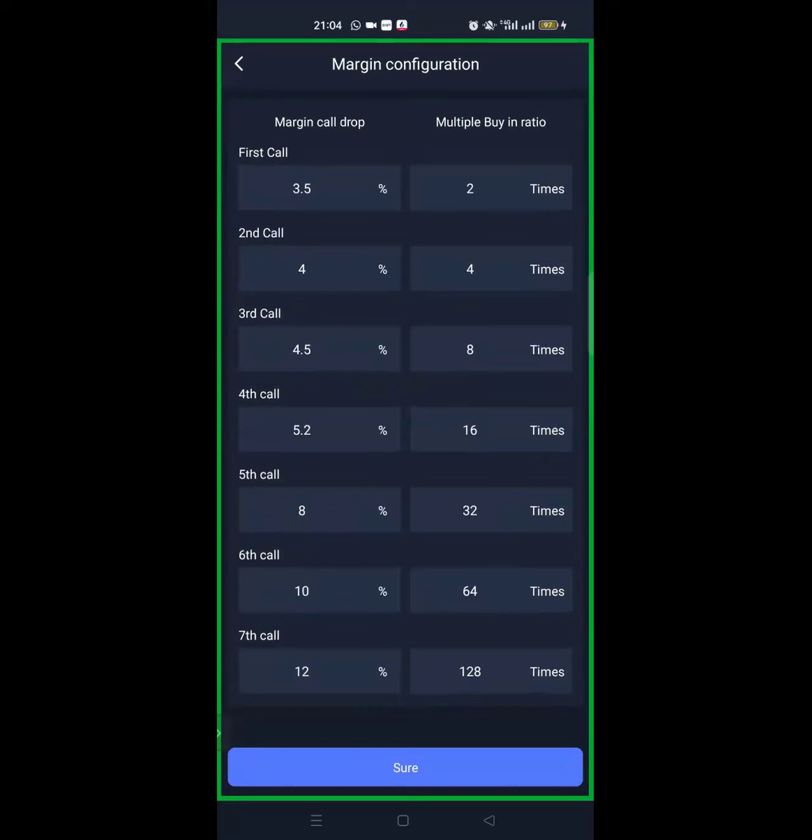So for this one, the first call is 3.5%. Until that coin drops to 3.5%, that's when the robot is going to buy the first time. The second call is 4%. From where it bought at 3.5, if there's another drop of 4%, your robot is going to buy the second call.